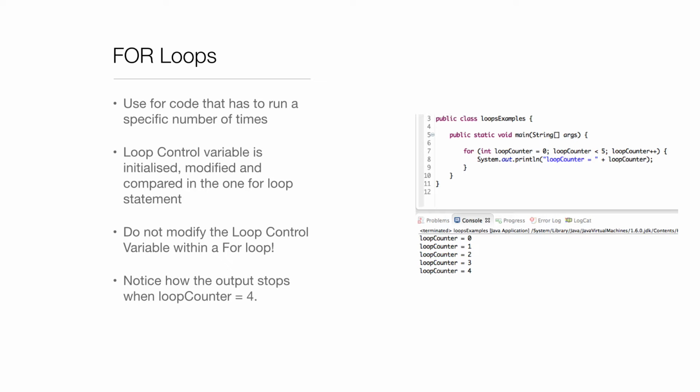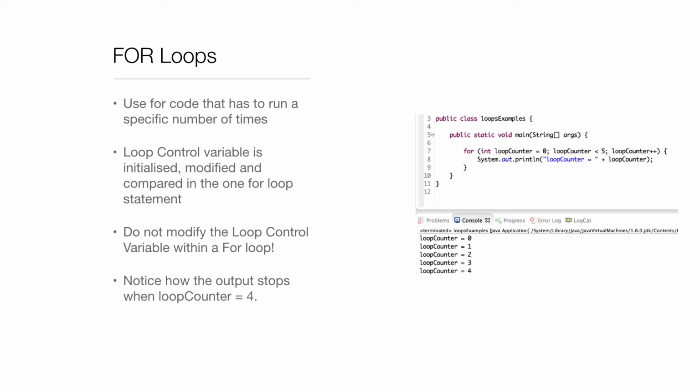Basically, in the first section of the for loop, after the open bracket and before the first semicolon, int loop counter equals 0 initializes the loop. That's the loop variable, which is in this case a loop counter, initialized in this section of the for loop header. The next one, between the 2 semicolons, loop counter is less than 5, is the condition.